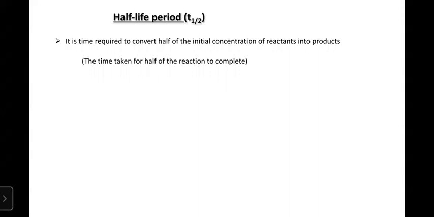If you want to know the half-life period for a zero order reaction, just consider when x is equal to A by 2. A is the initial concentration. So we put the condition x is equal to A by 2, half of the initial concentration of the reactant, and then t is equal to T half.